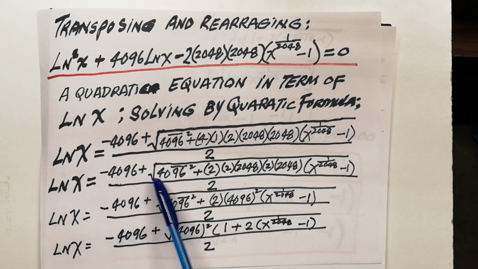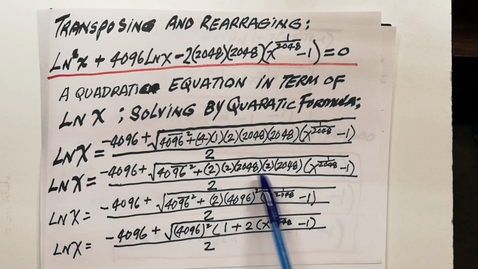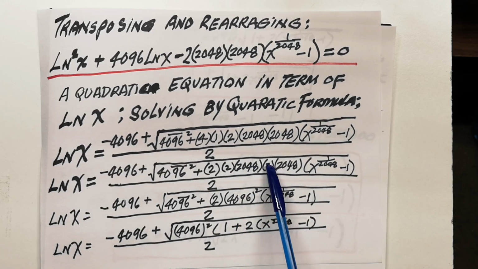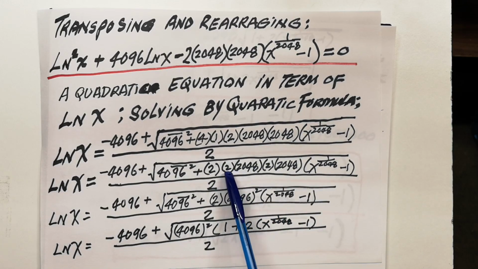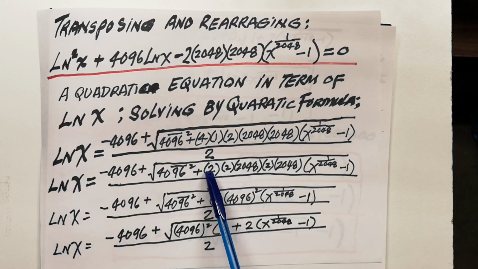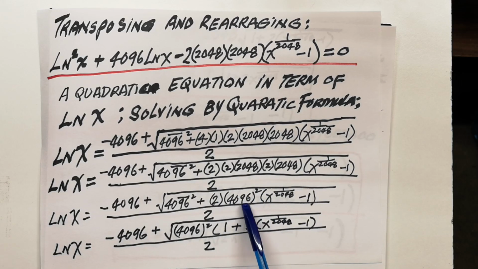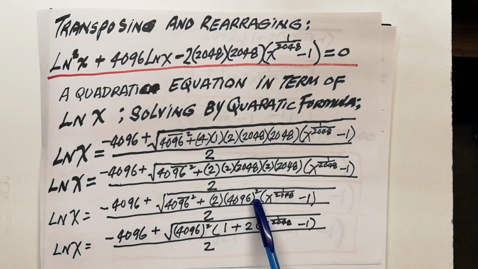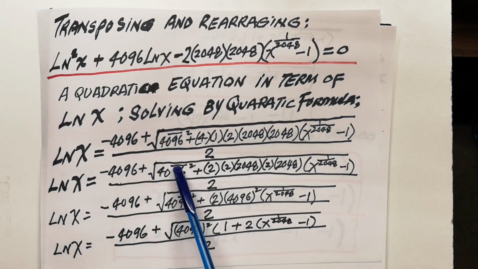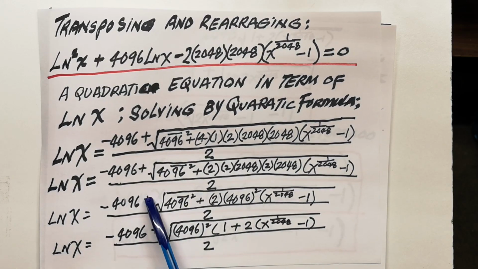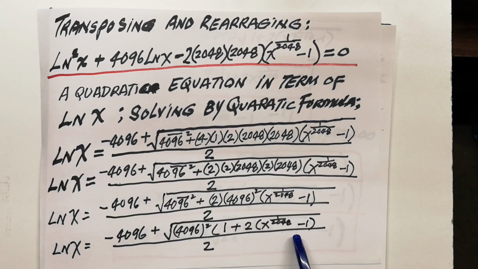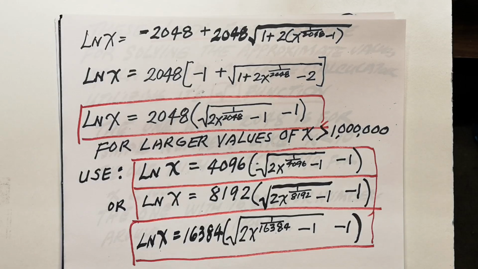So ln of x rearranging will be like this, in which this multiplied by that and that multiplied by that, the 4 will be rearranged into two 2's, and therefore you'll get a 4096 square here and a 4096 square there. So you move it out and you'll have this equation.